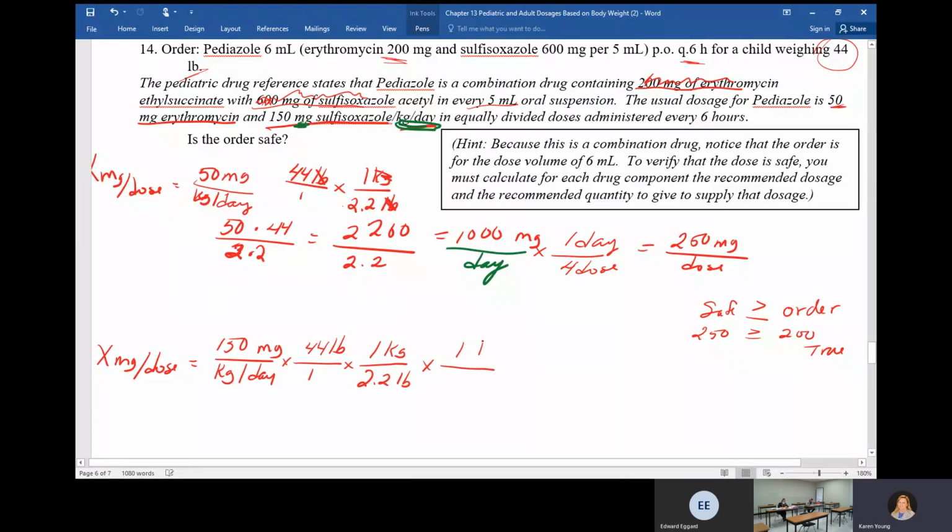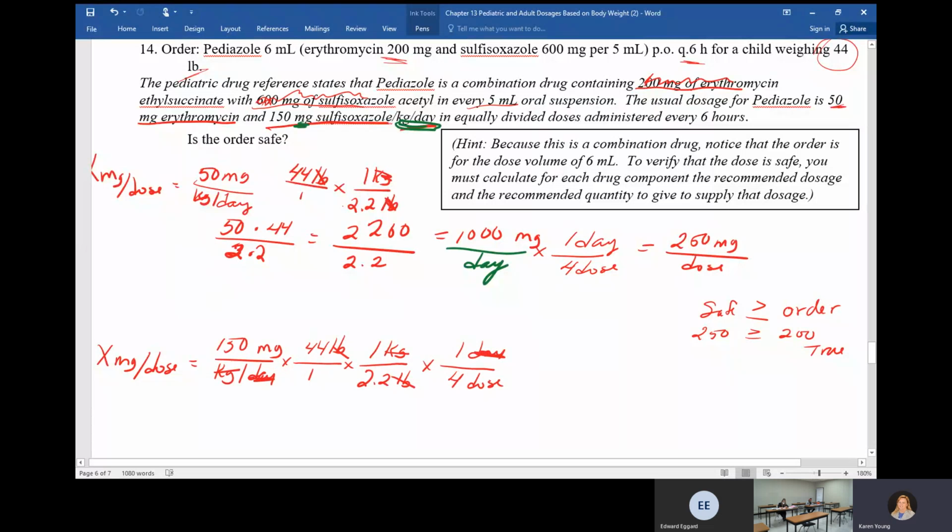And then times 1 day, 4 doses. Kilograms cancel, pounds cancel, days cancel. So I'm left with milligrams per dose.